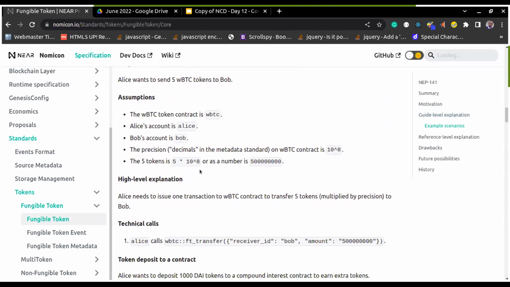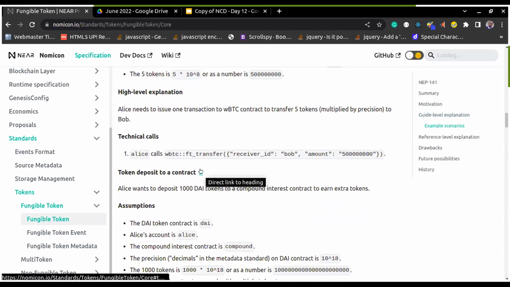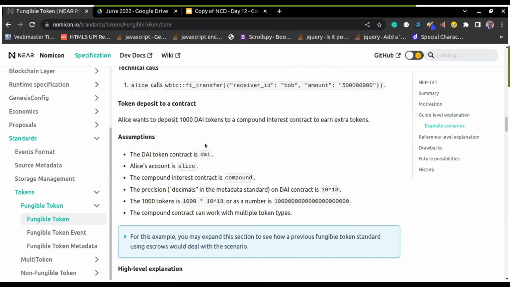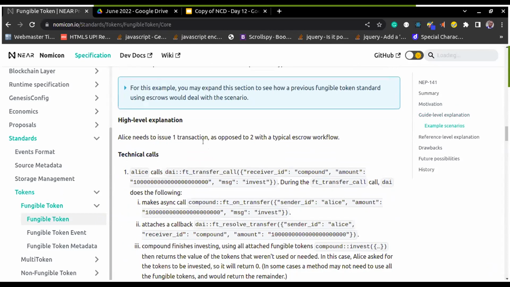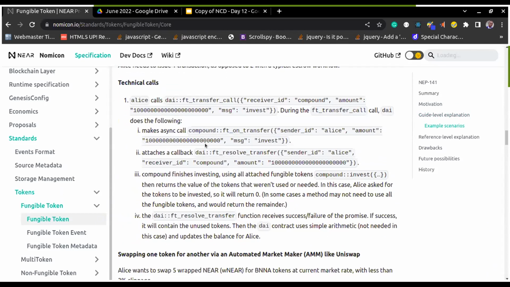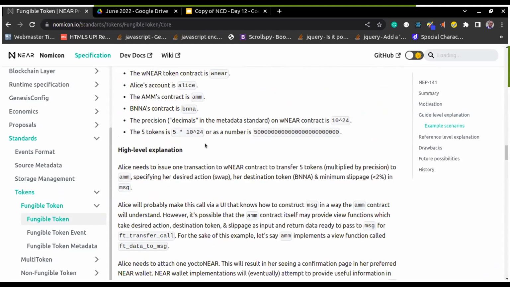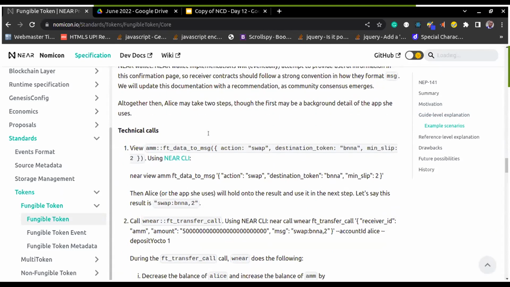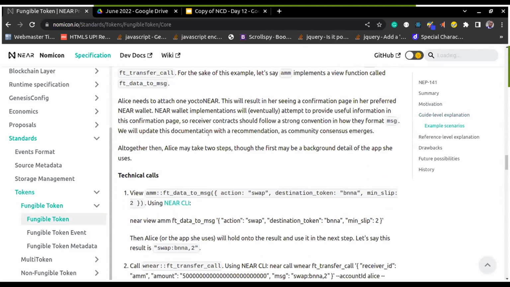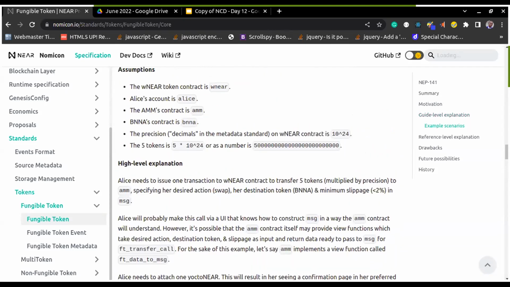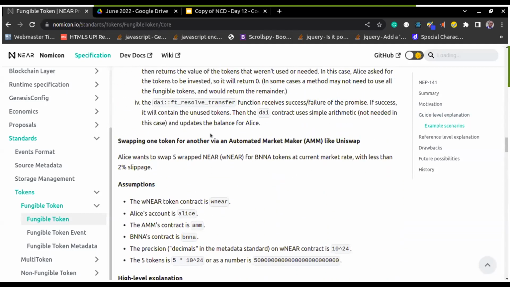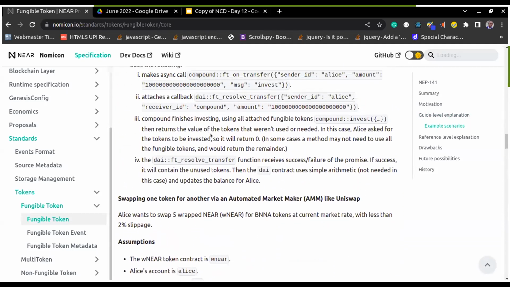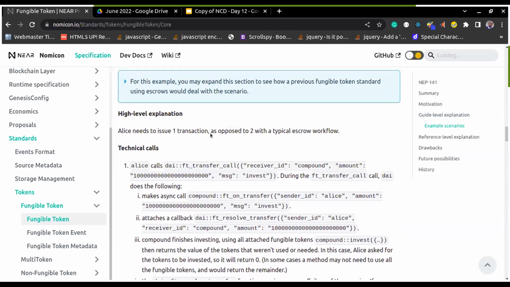Then we're going to go through the example scenario. I want something you can understand easily. So we can talk about the high level explanation over there and the assumptions and all that.